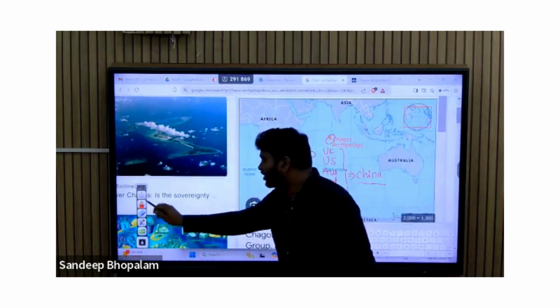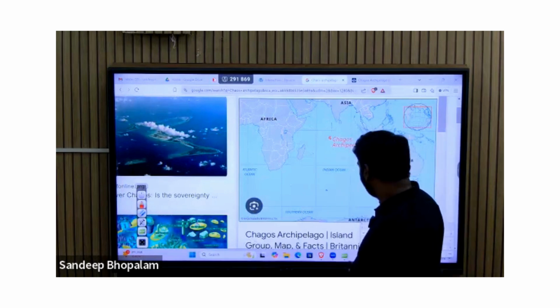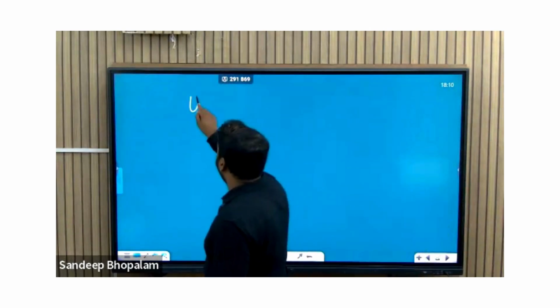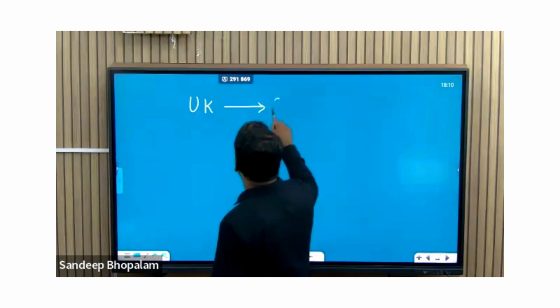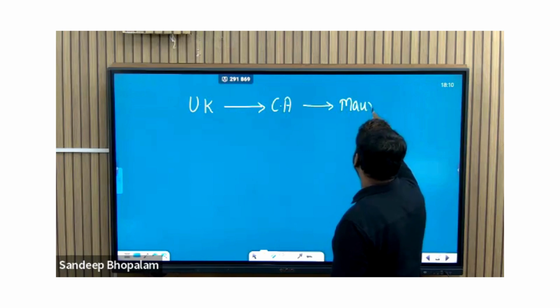At that point of time, UK understood no one is helping me. So finally, UK said only one thing. What is that? UK agreed that I will transfer Chagos Archipelago to Mauritius.